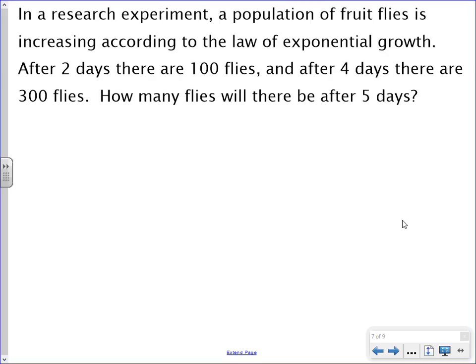After 2 days, there are 100 flies, and after 4 days, there are 300 flies. How many flies will there be after 5 days? Okay. First of all, it says that this is increasing according to the law of exponential growth. So what can we write?